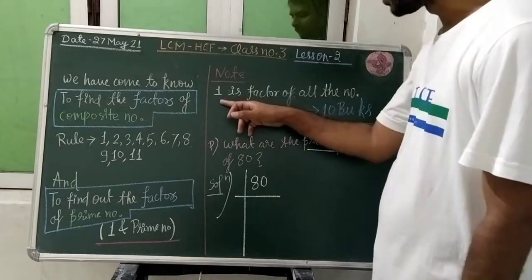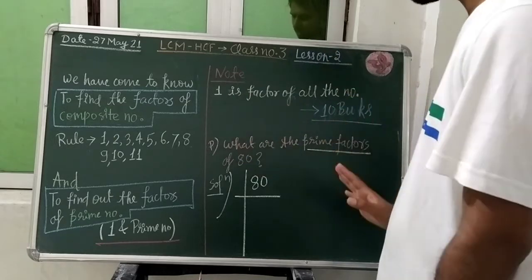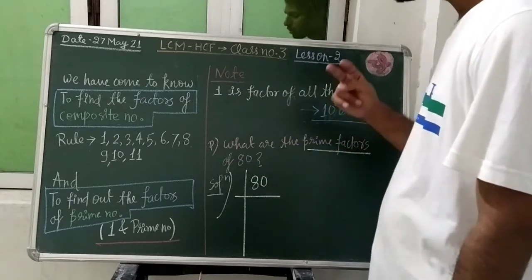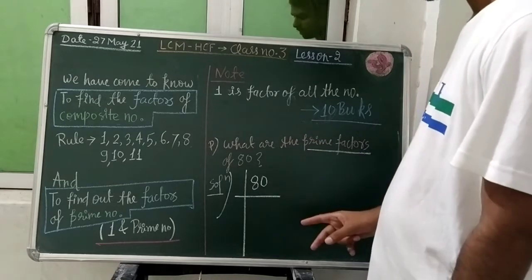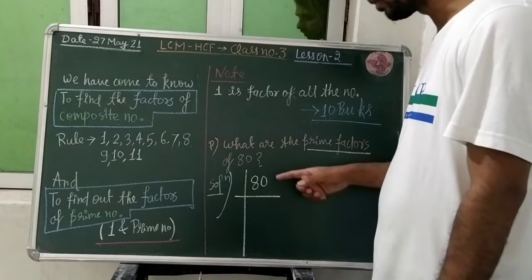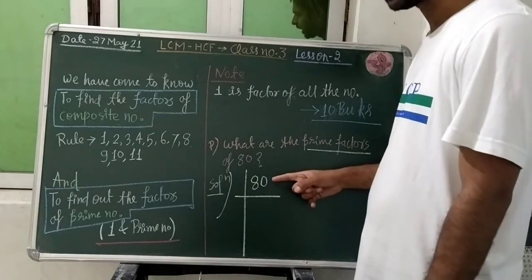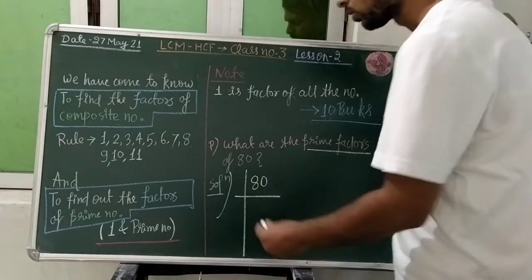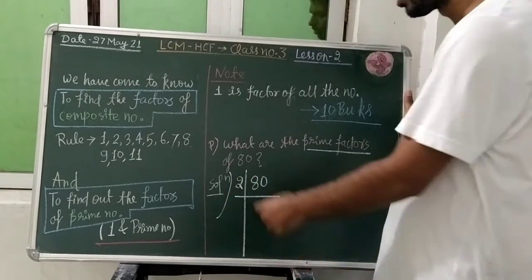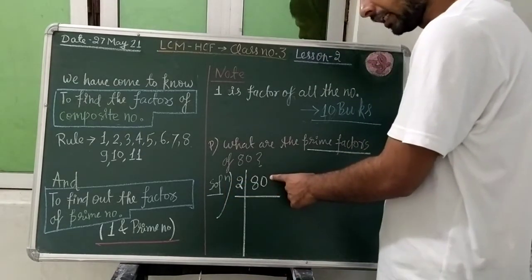Since 1 is the factor of all the numbers, we will not look at 1. From 2 we will start and we will look whether 2 is dividing this 80. Of course 2 will divide the 80.